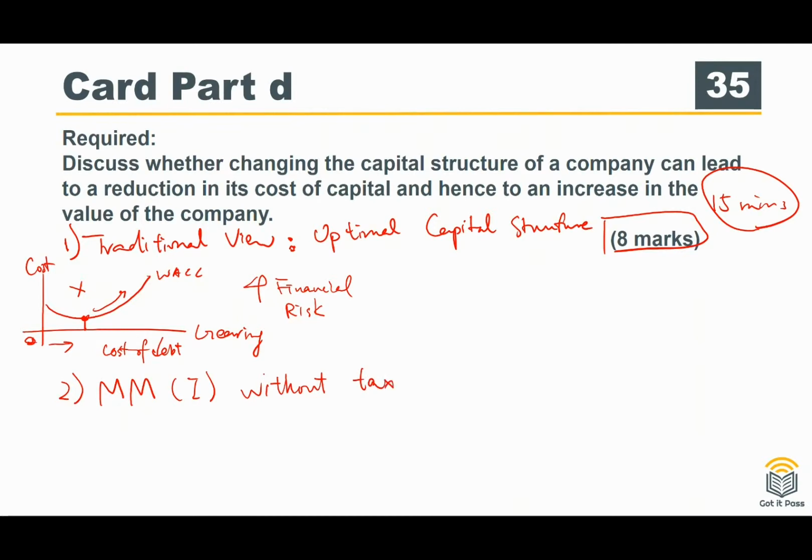For MM1, here I say MM1 without tax, there's no change in the company's value, no matter what the capital structure is.